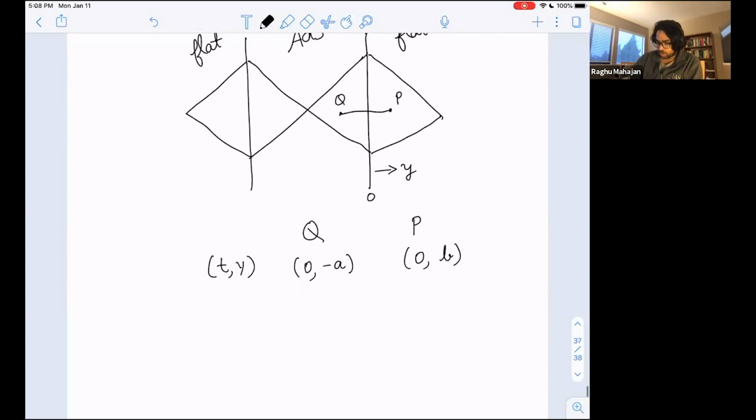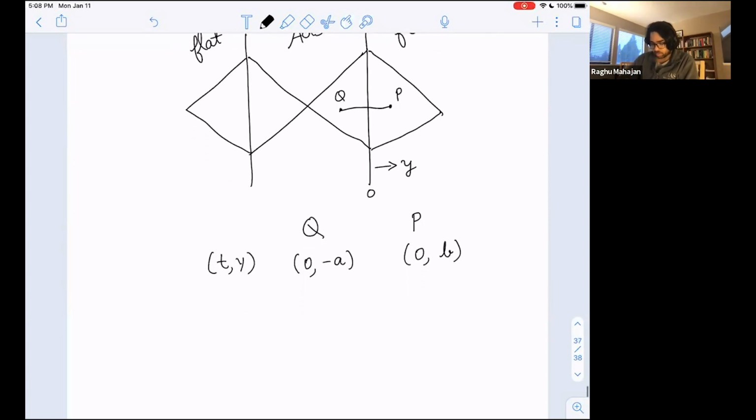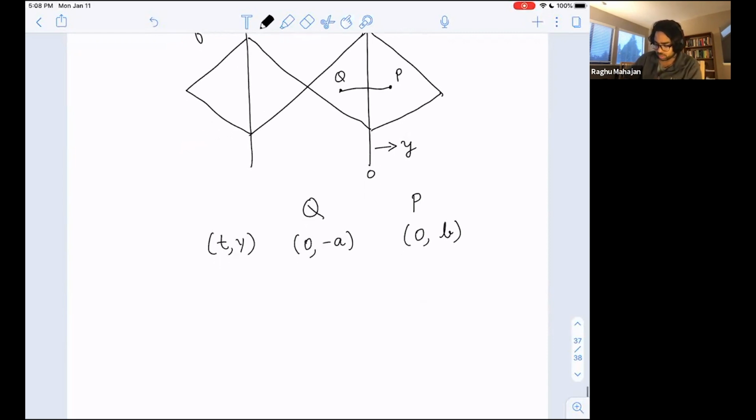Okay, all right, so this is easy. We have done everything we need. So what's S_gen? S_gen is a function of A, right? It's the point Q that we are varying, so we need to find this A. And this is equal to the dilaton at minus A plus S_matter between minus A and B, right?